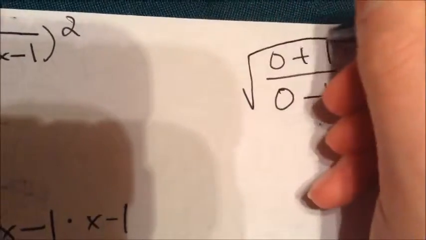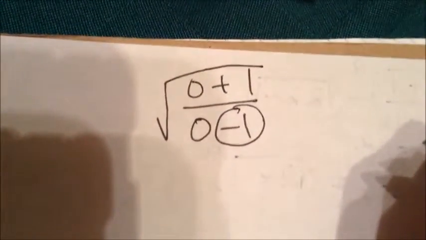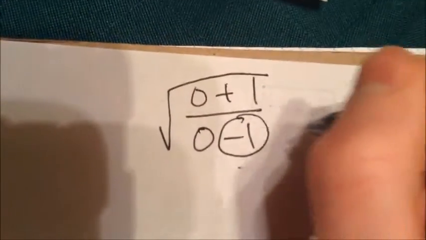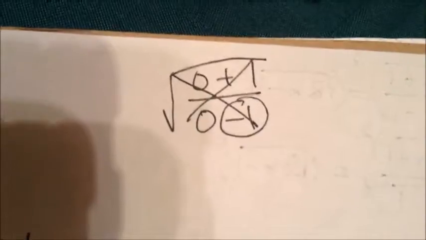So, we have 0 plus 1 over 0 minus 1 square root. Now you can see an immediate problem. You have a negative under the radical. That is never okay. So we try 3.